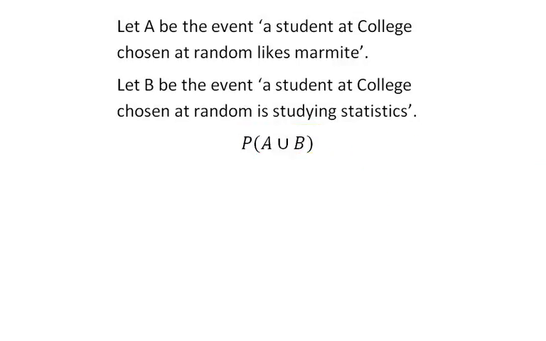Okay, so the next scenario has got the same events, event A and event B, and this time in between the A and the B we have U, which stands for union. Now the union people find a little bit more difficult to understand. In reality it means or, but it's an inclusive or.